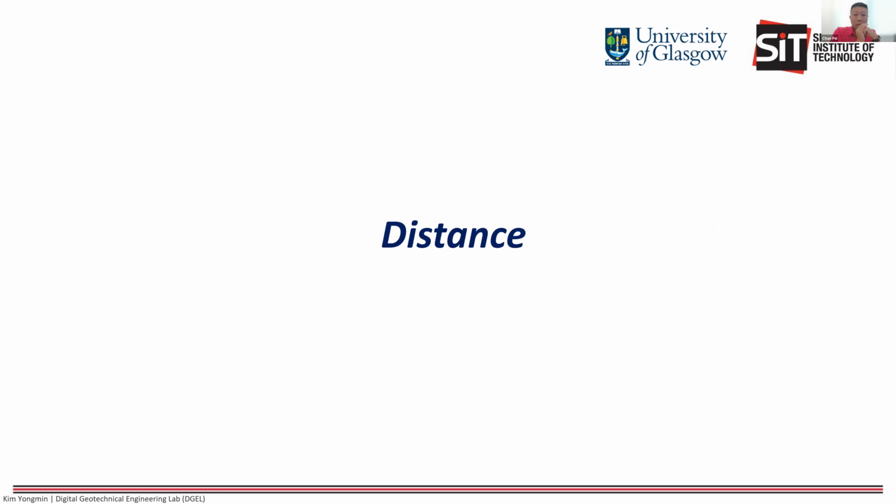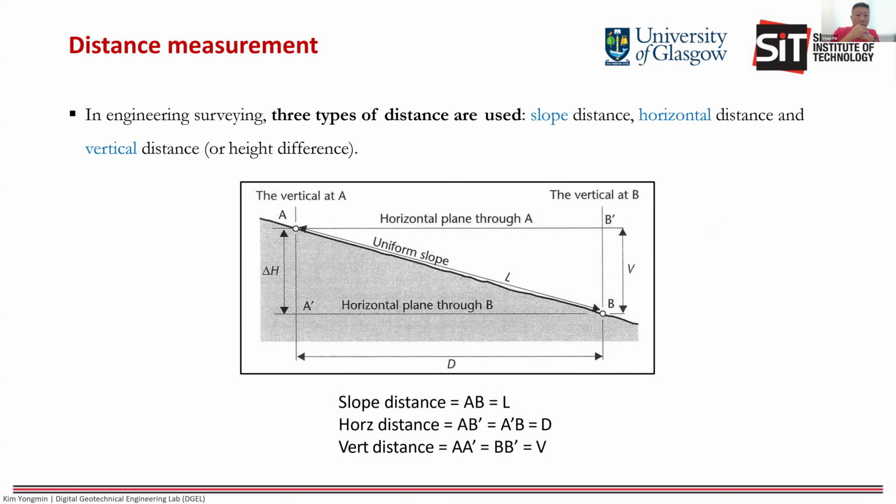Okay, next is the distance. From this picture, we can see a few different distances. In engineering survey, three types of distance are used: slope distance, horizontal distance, and vertical distance.